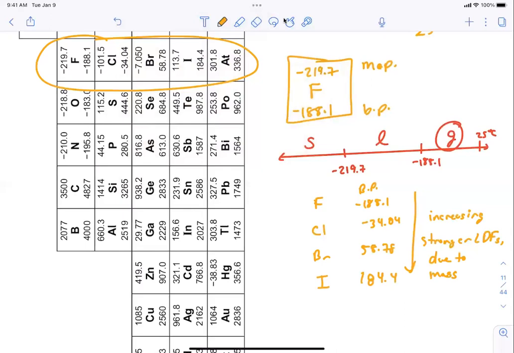Now, metallic bonding is very different, okay? And so if you look at metals, which I'm going to show you in a second, group 1 metals, you'll see the trend is a little bit different. Okay.